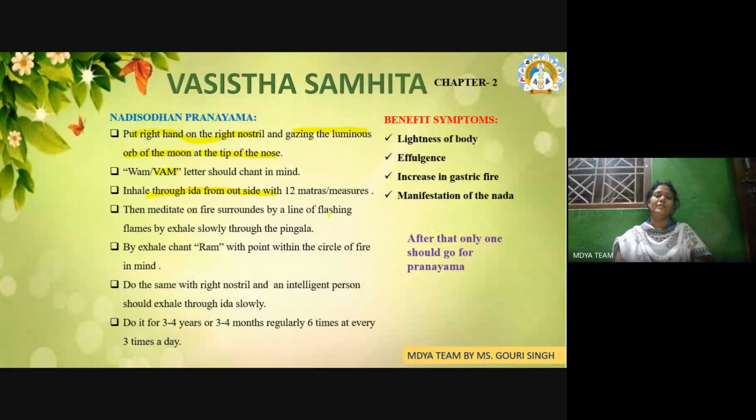It is stated as 12 measures, but how many matras to hold is not said; only inhale and exhale. Vasishtha in the Nadisudhi pranayam only said inhale and exhale, no holding is described here.